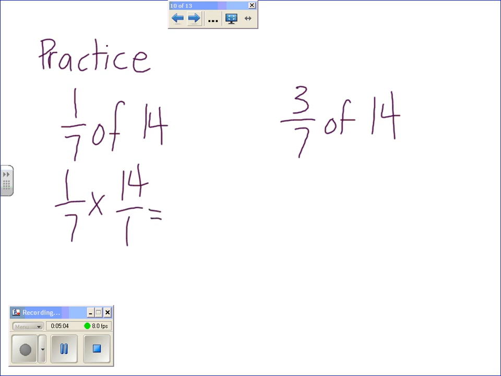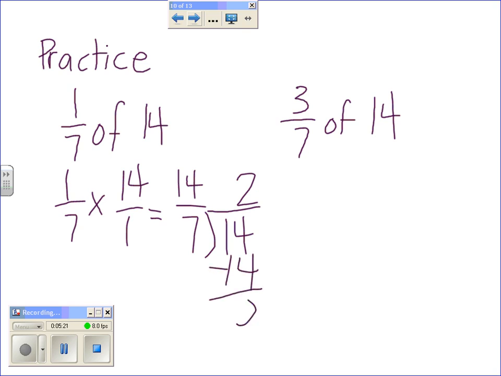I can multiply straight across. 1 times 14 is 14. 7 times 1 is 7. We're going to divide to simplify. 7 into 14 is 2. 2 is my answer. 1/7 of 14 equals 2.